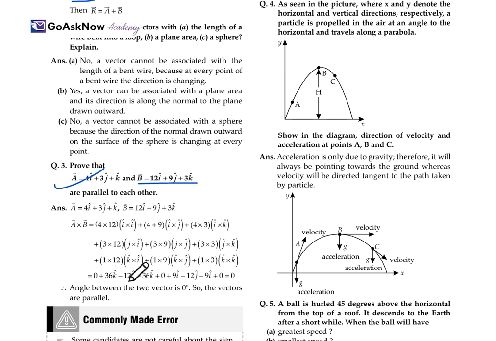Then in triangle ABC, cos theta will be equal to AC upon AB. Then AC will be equal to AB cos theta. Then AC will be equal to, we write the value of AB. Then OD cos theta equals to Q cos theta, as AB is equal to OD, which is equal to Q.